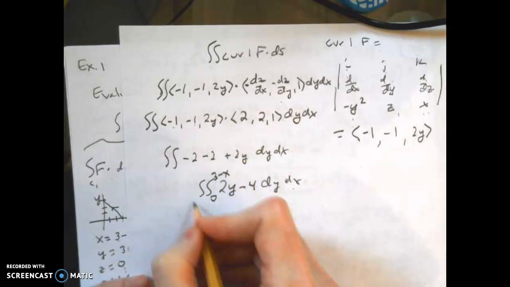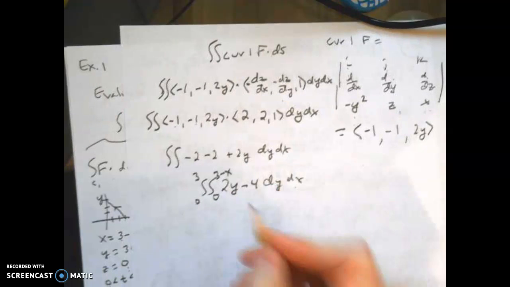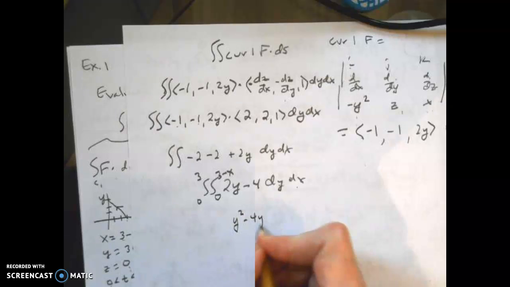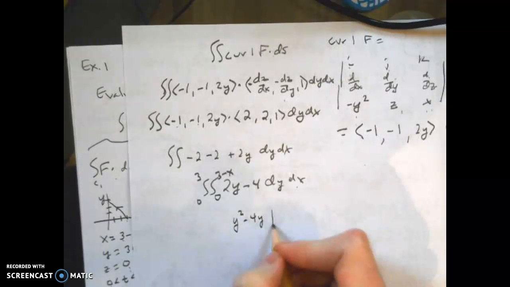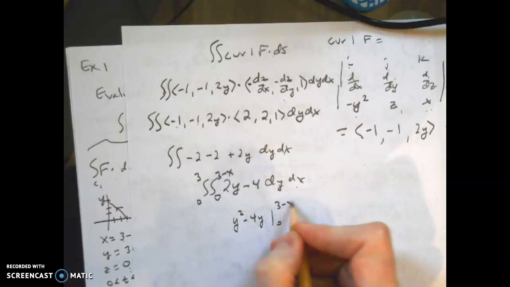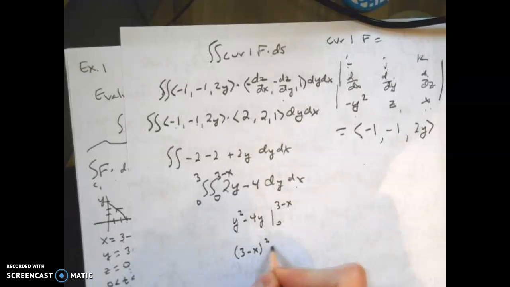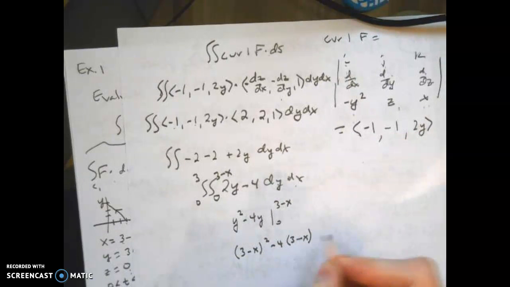And x will go from 0 to 3. Okay, so take the antiderivative with respect to y. So I have y squared minus 4y from 0 to 3 minus x. So I've got (3 minus x) squared minus 4 times (3 minus x), and then minus 0.